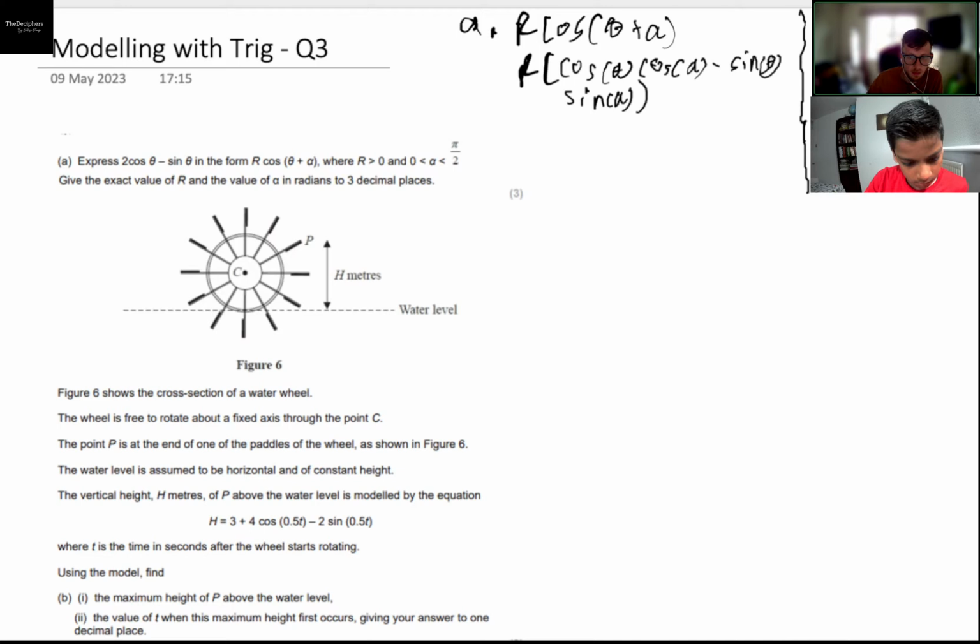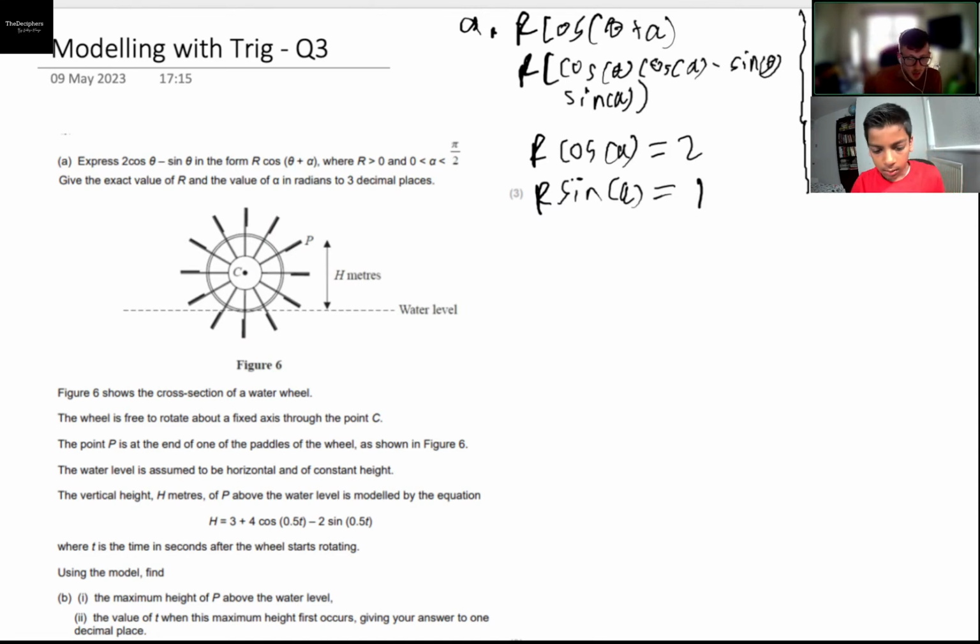So yeah, let's write down the two simultaneous equations. So then r cos alpha is 2. Good. So r sine alpha is 1. Good. And can you tell me what r squared is straight away just by looking at it?